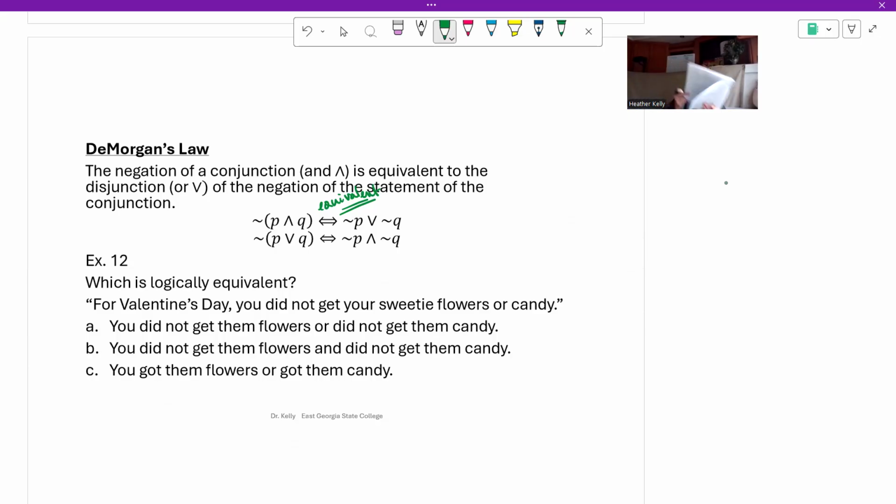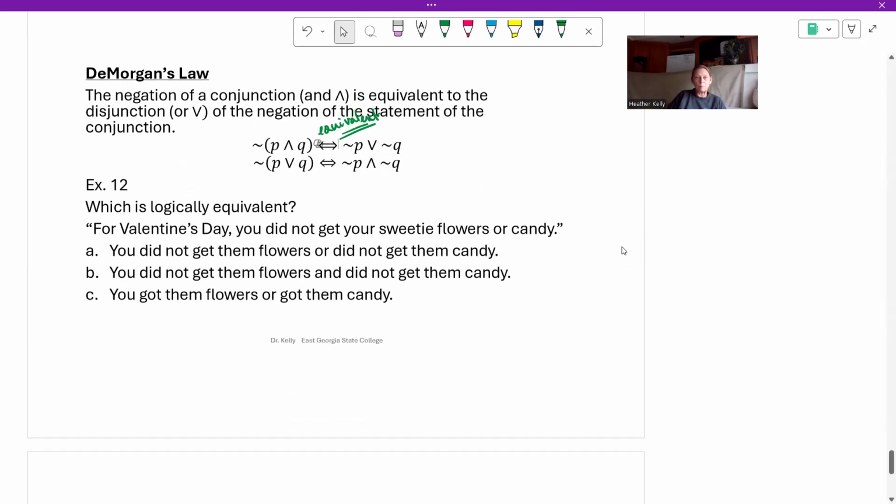Running out of steam. Okay, last question. Last example. Which is logically equivalent? What's logically equivalent to this statement? For Valentine's Day, you did not get your sweetie flowers or candy. Okay, so let's make a logic statement here. Let's do F is got flowers.